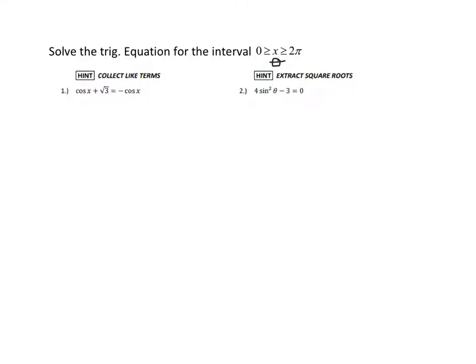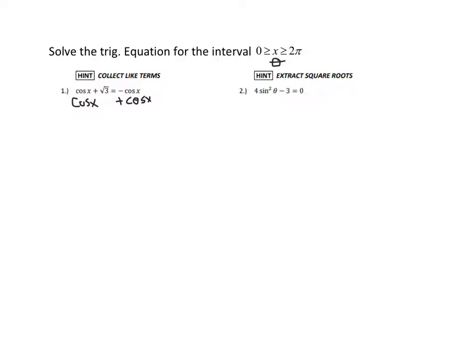I just want you to think of it just like any algebraic equation, except that we have to get the angle at the end. So here, I'm going to combine the like terms. I'm going to add cosine of x to both sides.